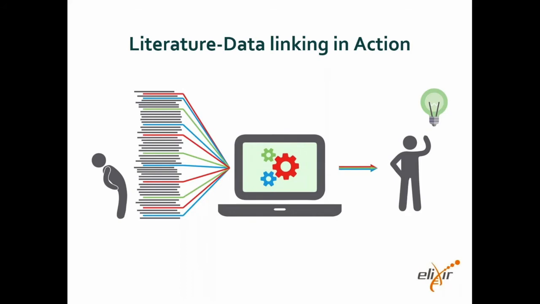The other layer is added knowledge by extracting information mentioned in the literature. So let's see an example of the first one, that is, how the data is connected to literature.